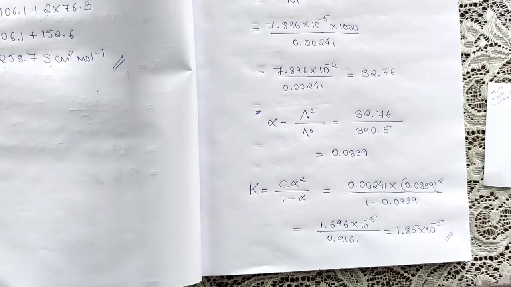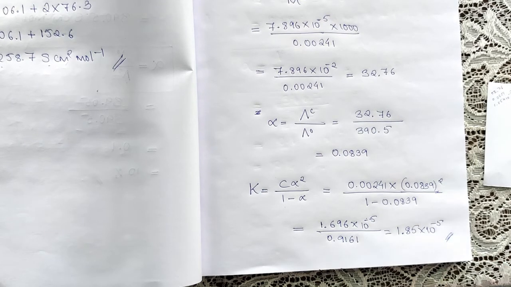This becomes our dissociation constant, 1.85 into 10 to the power minus 5. So this is our value for dissociation constant.